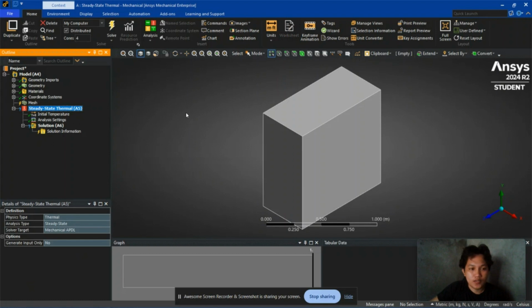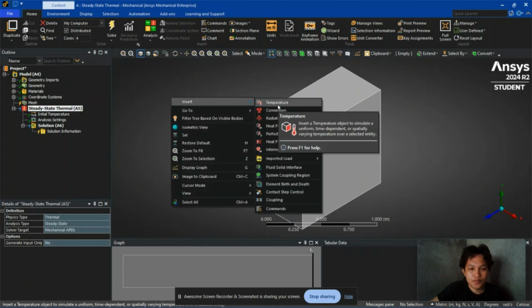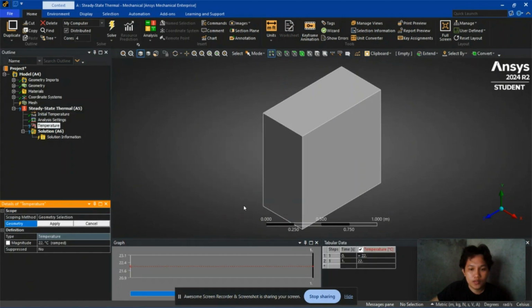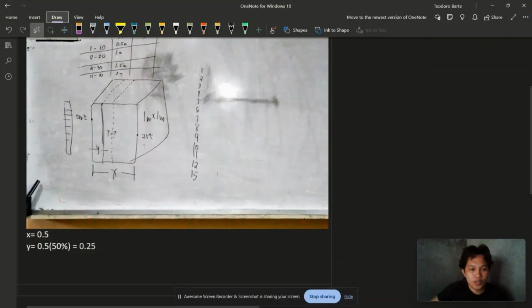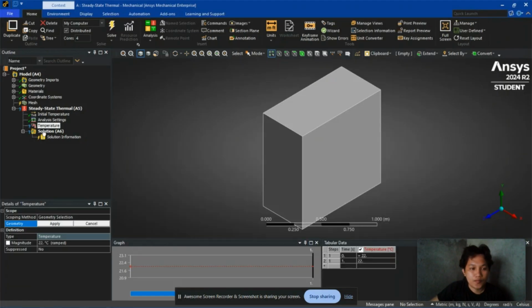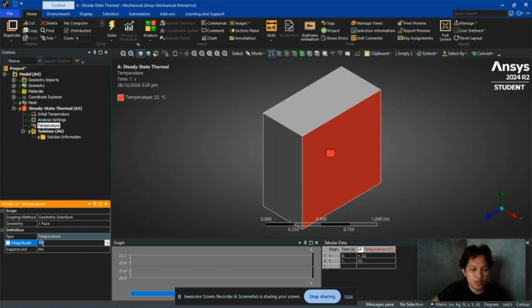Then we're going to add the temperature. The temperature here should be 25 degrees, and the other side is 500 degrees Celsius. Apply 25 degrees Celsius.